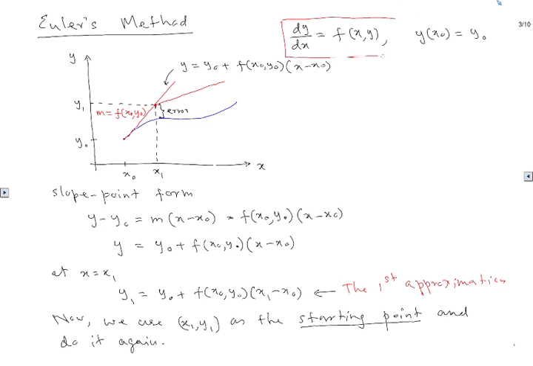That is the one we're focusing on, but that point is not there anymore. But we still have the same differential equation.